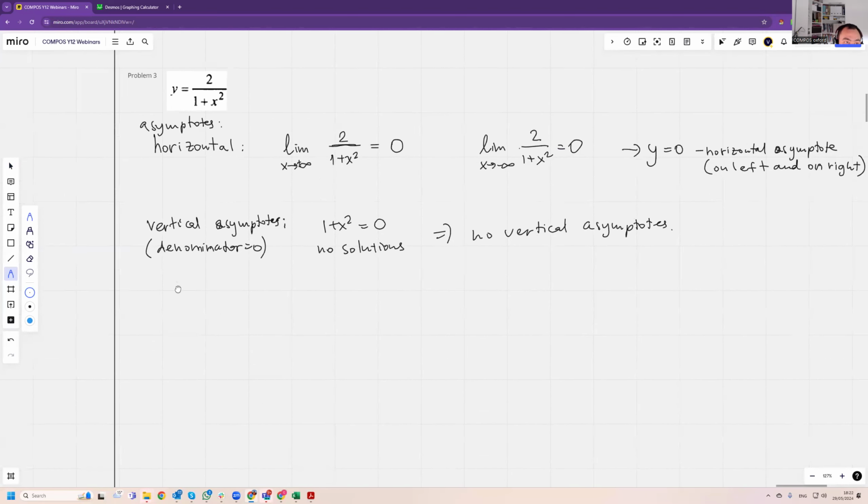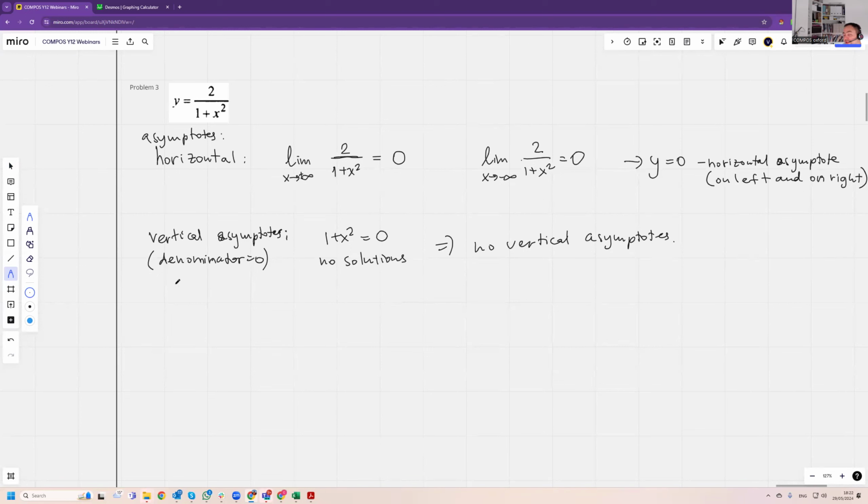Okay, and slant asymptotes. There's no indication that there will be a slant asymptote. A slant asymptote occurs when the limit as x tends to plus or minus infinity of f of x divided by x is finite, a real non-zero number.